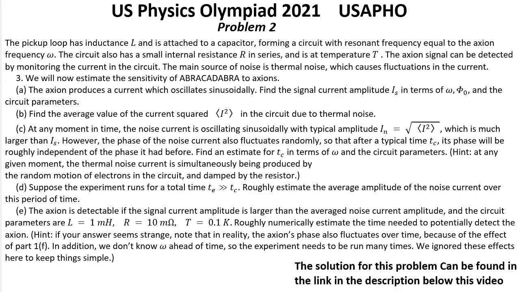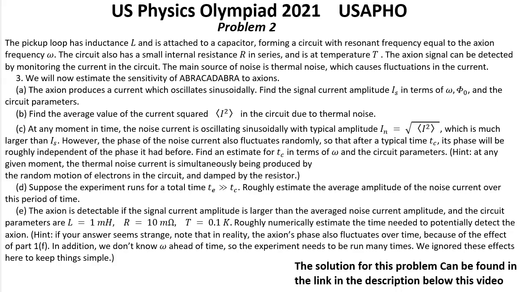E. The axion is detectable if the signal current amplitude is larger than the average noise current amplitude, and the circuit parameters are L = 1 millihenry, R = 10 milliohm, and T = 0.1 Kelvin. Roughly numerically estimate the time needed to potentially detect the axion.